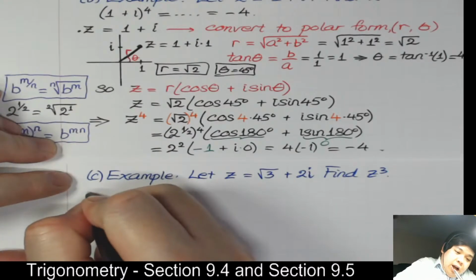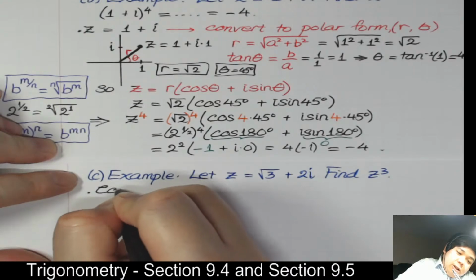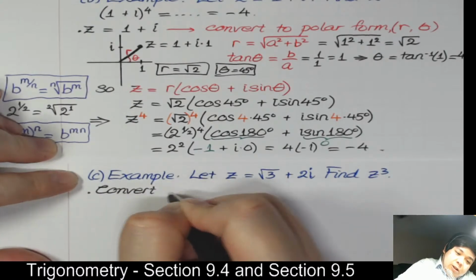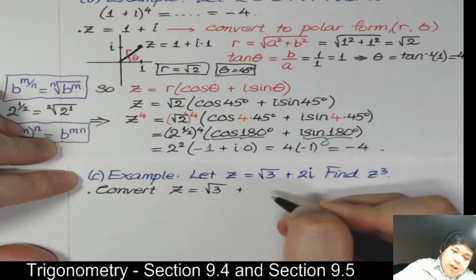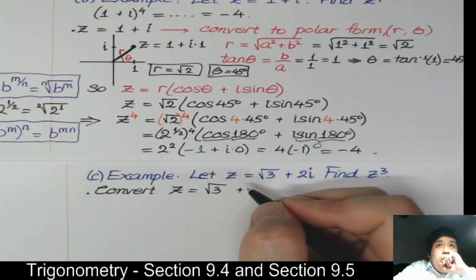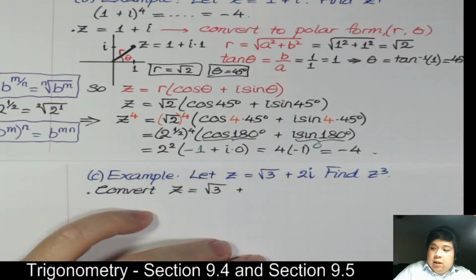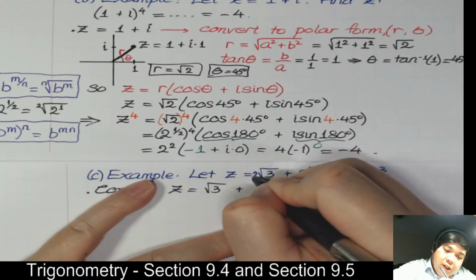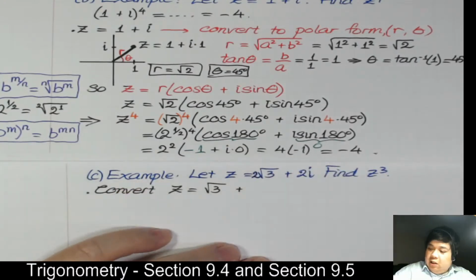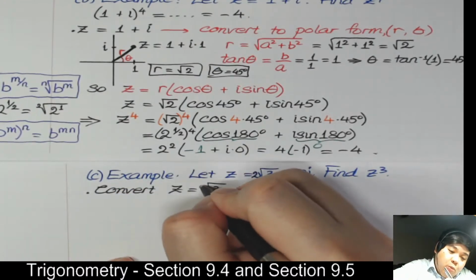Right, first we'll convert z equal to square root of 3 plus 2i. Never mind, can you change this to 2 square root of 3? Yeah, the number will look better that way.